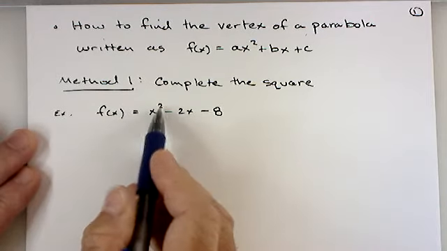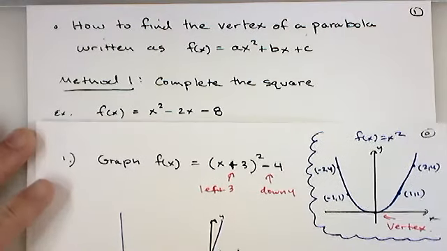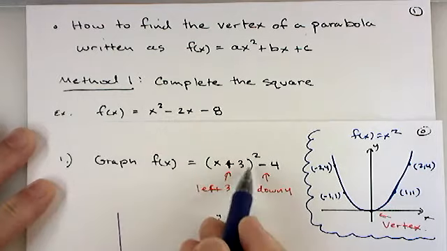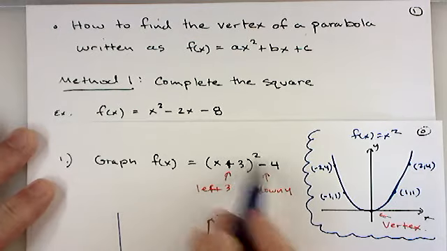I know it's a parabola because it's got an x squared. I'm going to put the one we just did back up here. But see, I can't identify the shift. In order to identify the shift, I need to see something like x plus or minus something, squared, and then plus or minus a number here.